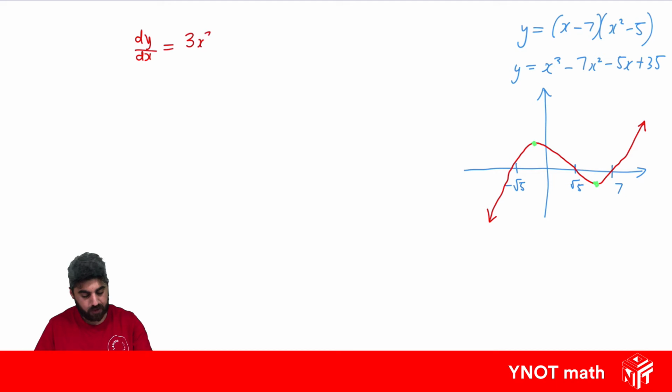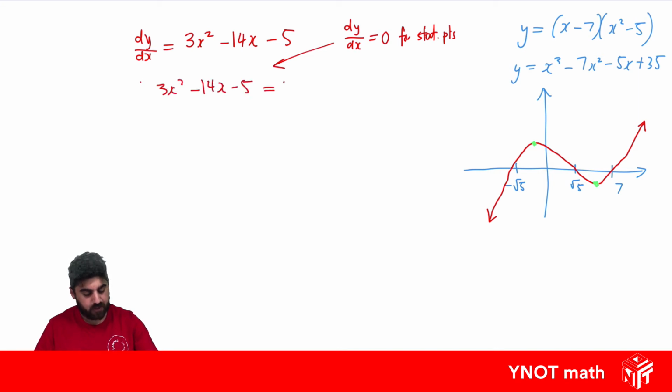So we get 3x squared minus 14x minus 5. And we just learned that for stationary points, the first derivative equals 0. So we can go ahead and say, it should be part of the working out, that 3x squared minus 14x minus 5 equals 0, and we just have to solve this for x to figure out where the x coordinates of the stationary points are going to be.